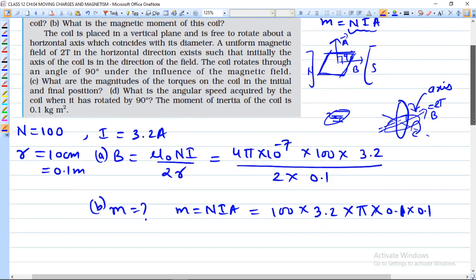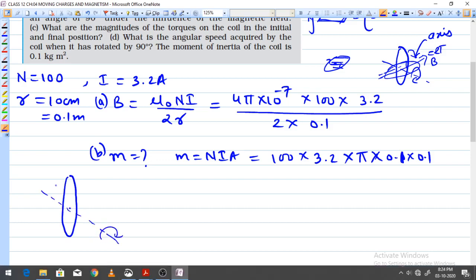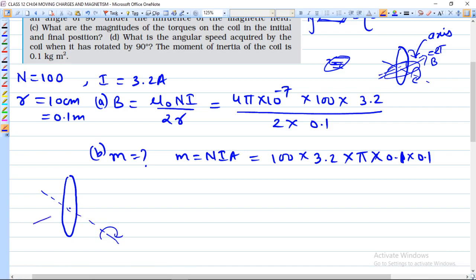I will draw this situation again. The coil is given like this. It is in the vertical plane, and it is free to rotate about its diameter. Here the magnetic field is given.